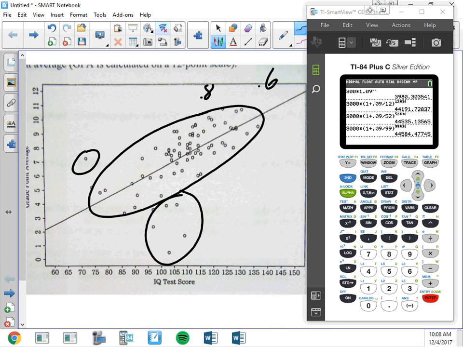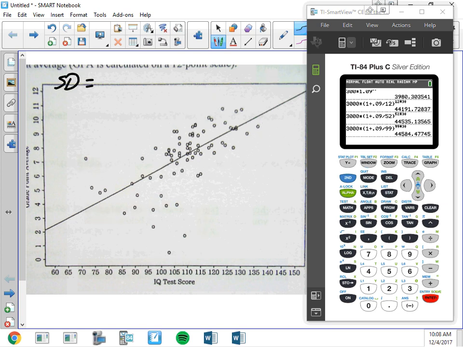I'd probably allow that. So if we have the SD, which is, what is it, 2.4? So number 9, the SD is 2.4. I told you that. And the R value is 0.6. Let's calculate the RMS error. It would be the square root of 1 minus 0.6 squared times 2.4.